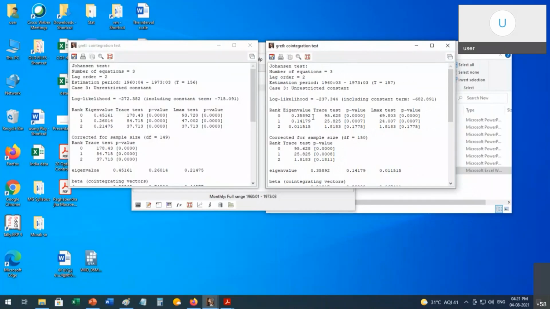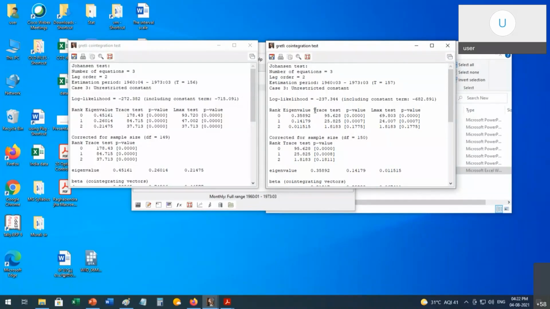Because in the VAR, a VAR model is having an endogenous variable as a function of its own past values and the past values of other endogenous variables. That is a VAR model.